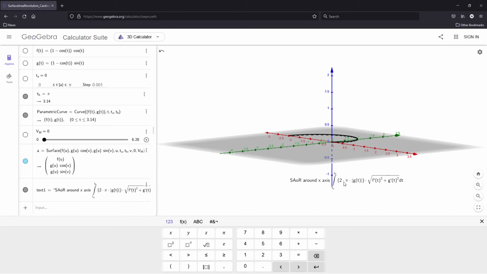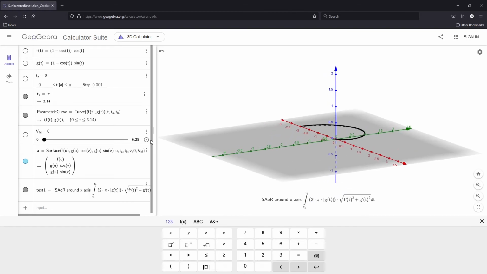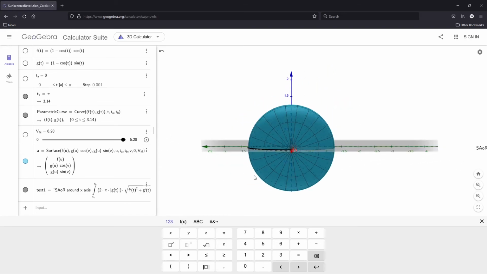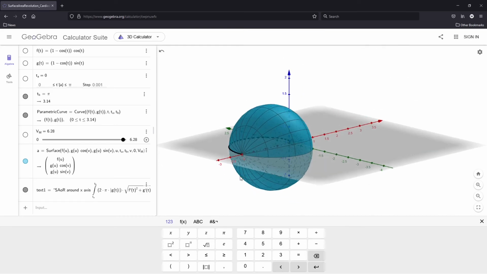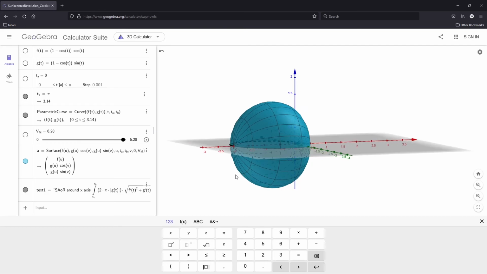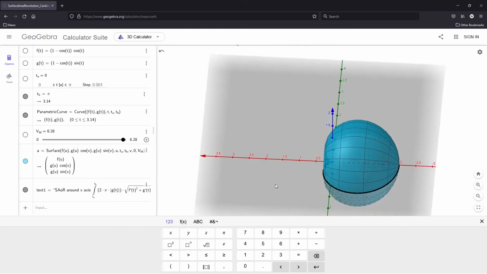We'll watch again the cardioid fully revolve around the x-axis. And so in this problem, the value that we're going to be computing is the surface area of this shape in 3 dimensions. And what's neat about it is you can think of it as almost like the perfect apple.